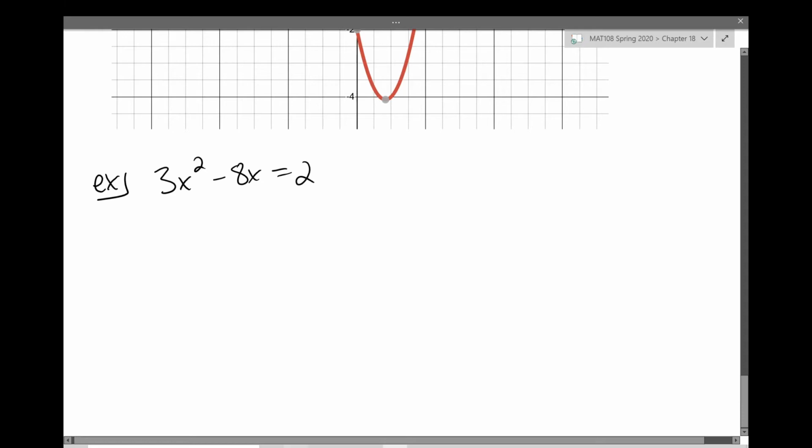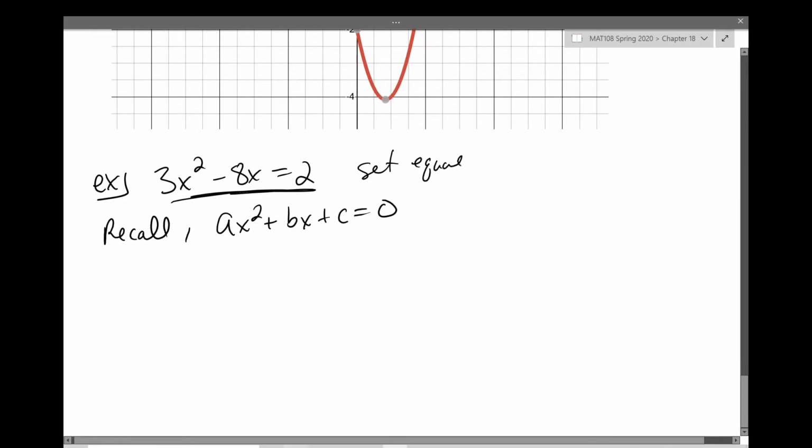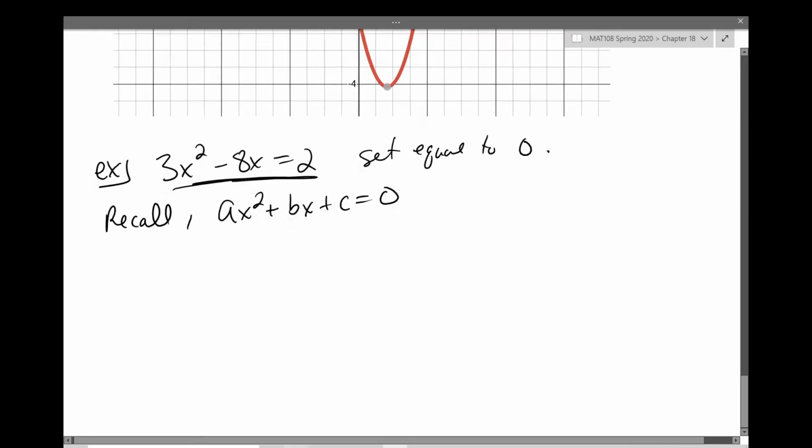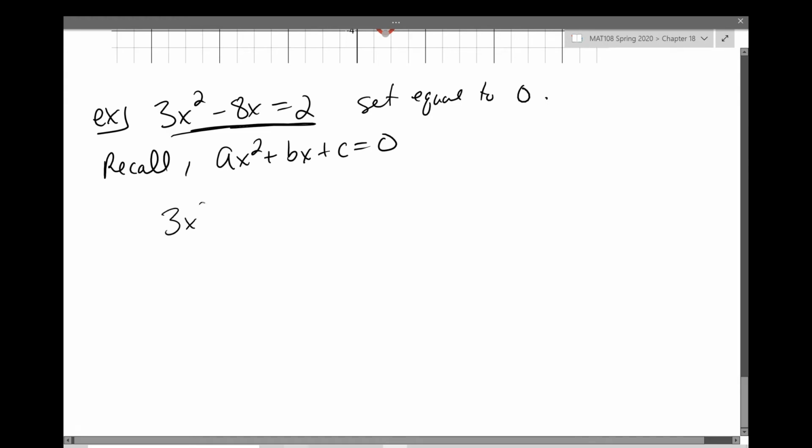Well, you have to recall we need it in the form ax squared plus bx plus c equals 0. In other words, we have to set this equal to 0. So to do that, I'm going to subtract 2 from both sides of my equation.